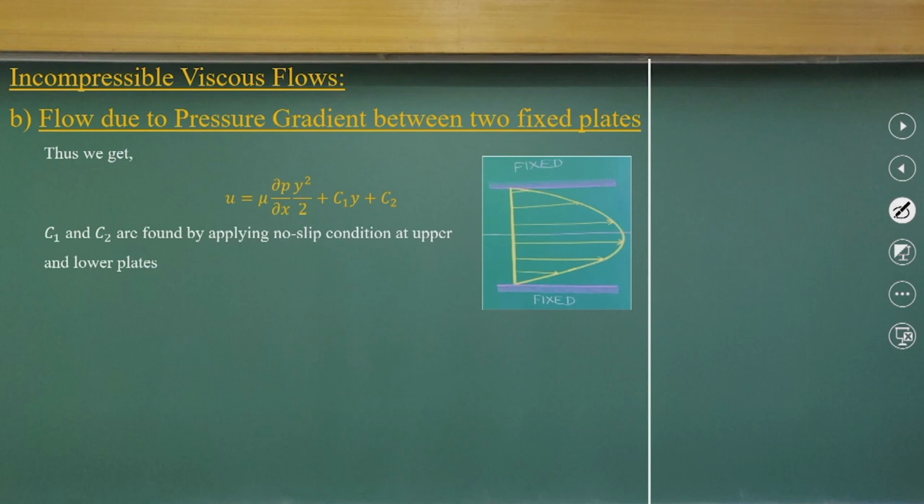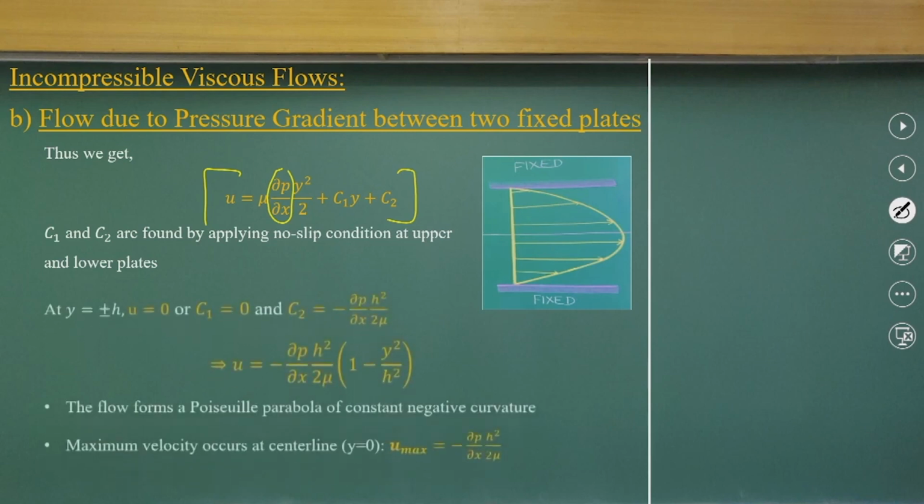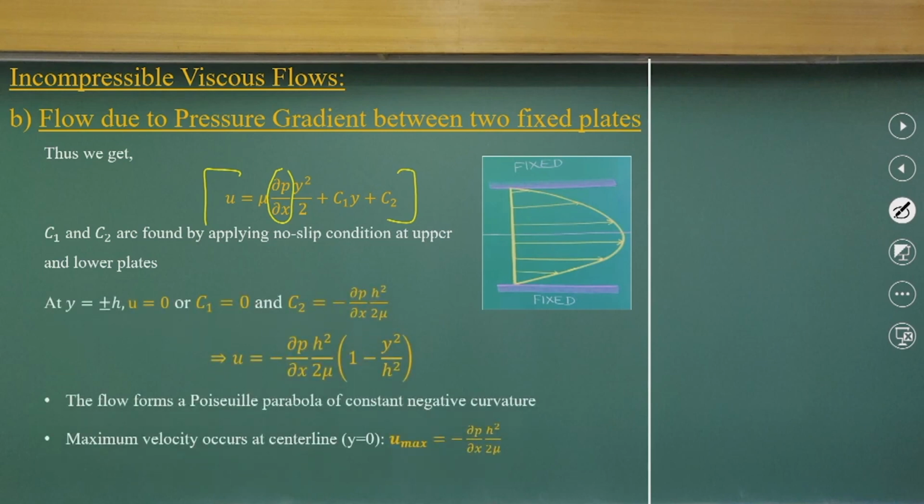If I substitute that, and consider dp by dx a constant, then looking at the solution, u is a function of the pressure gradient and y squared, with two constants c1 and c2. I can get these two constants: when y equal to minus h, the u velocity is equal to 0, and when y equal to plus h, u is equal to 0.